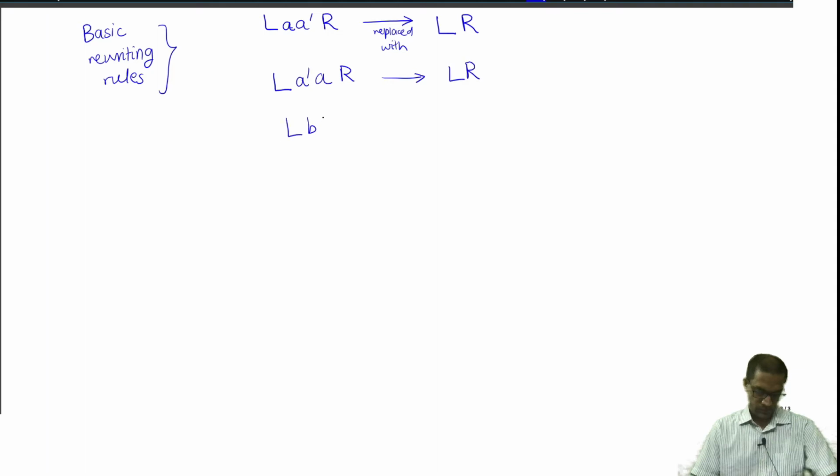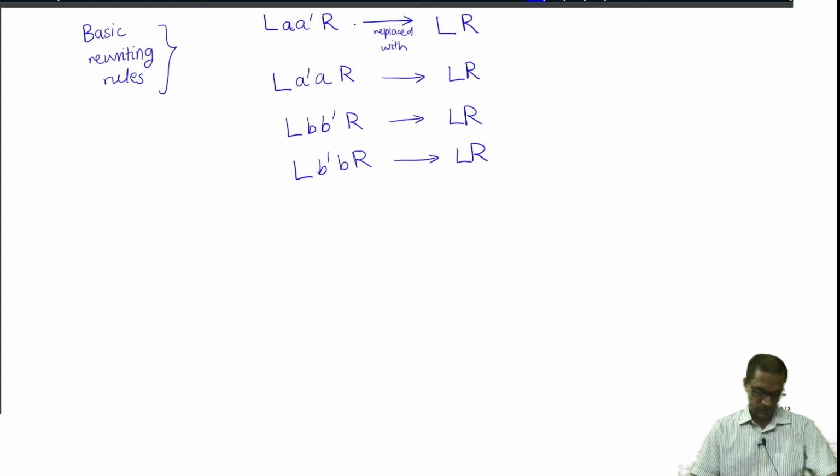Okay, so let's write the other two. So we say that the word LR is obtained from the original word L a prime R by using one of the basic rewriting rules.